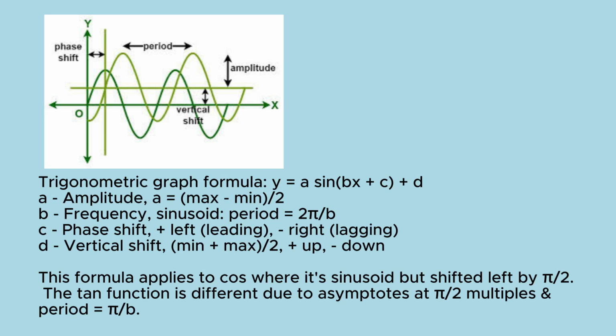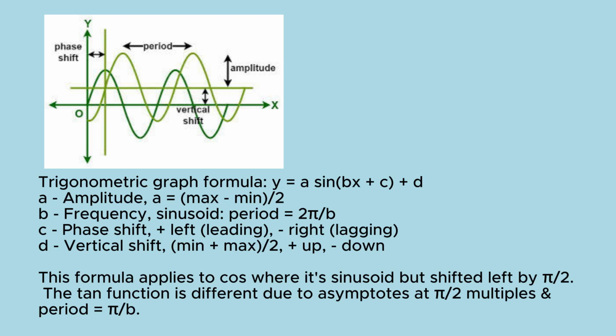Frequency is how far apart the waves are from each other, and for sinusoids the period is 2 pi over b. So if you want to find the period, you can use the frequency and plug it into the formula.